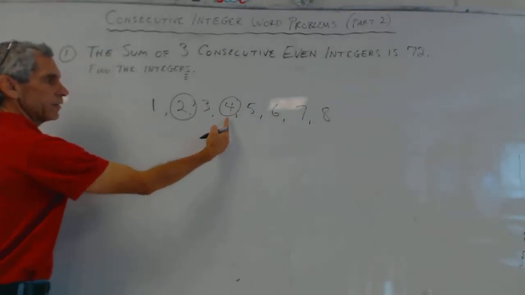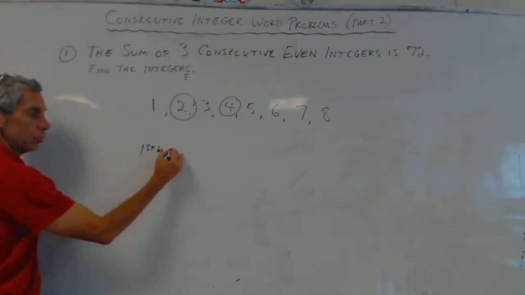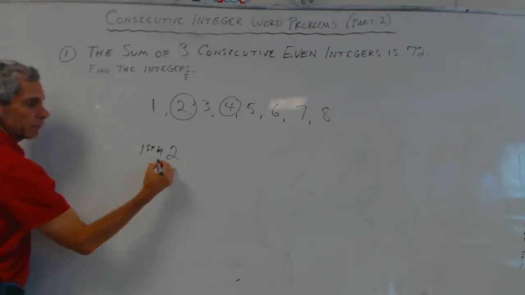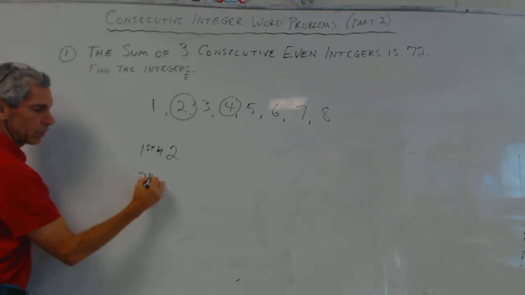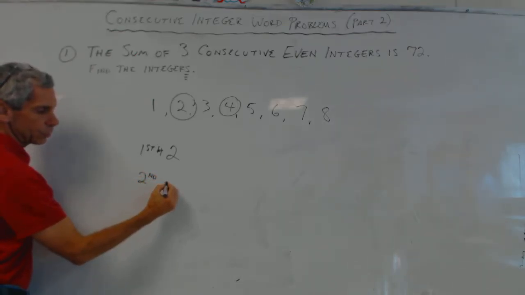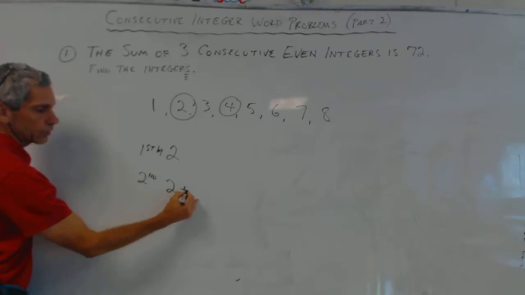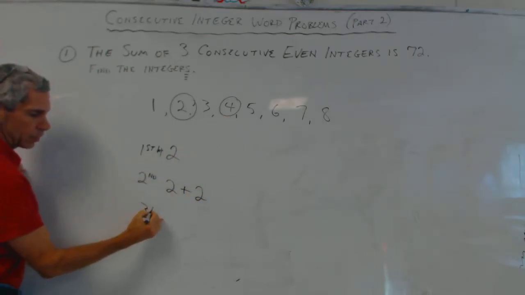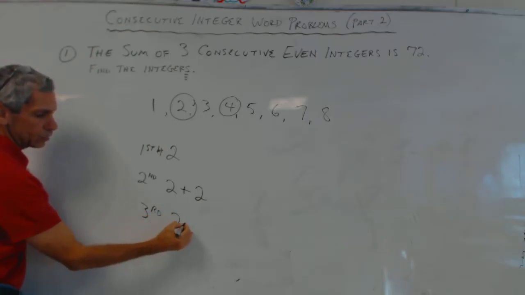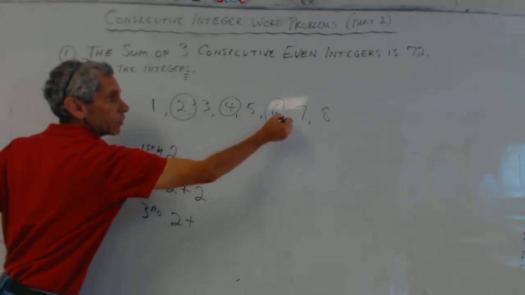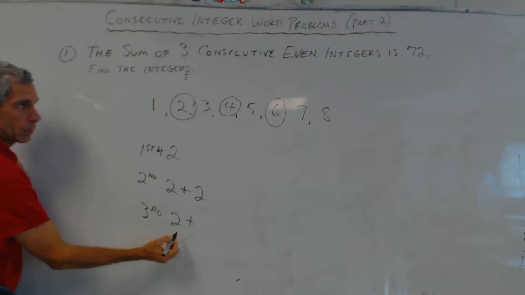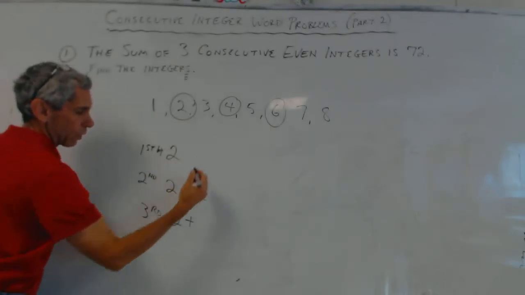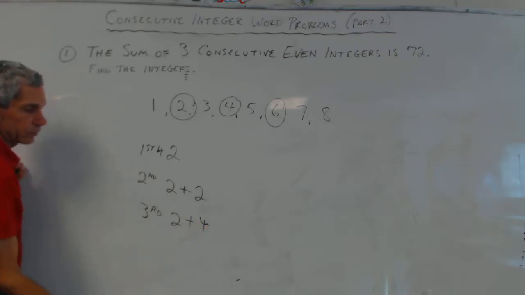If the first number is 2, the second number, what would I have to add to 2? 2 plus what to get 4? 2. All right, and the third number, what would I have to add to 2 to get the third number? 4. 2 plus 4 is 6.